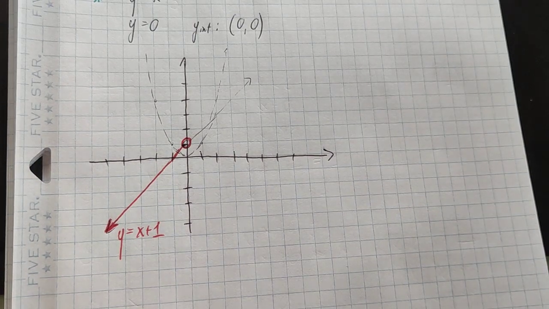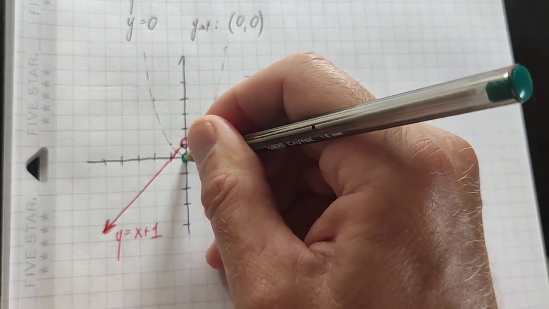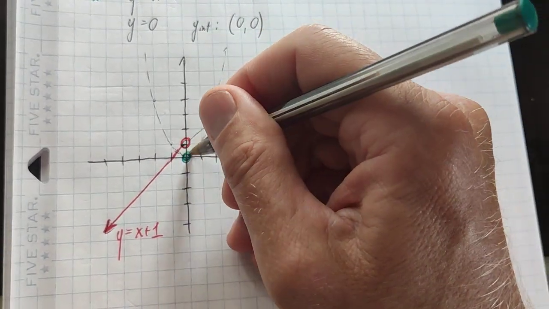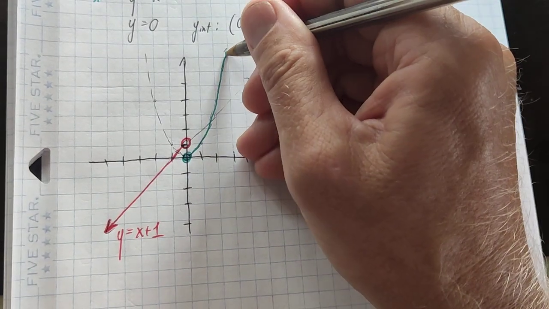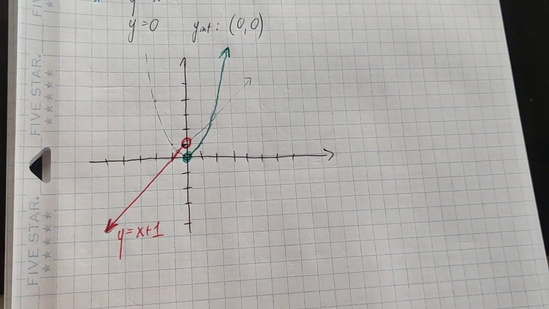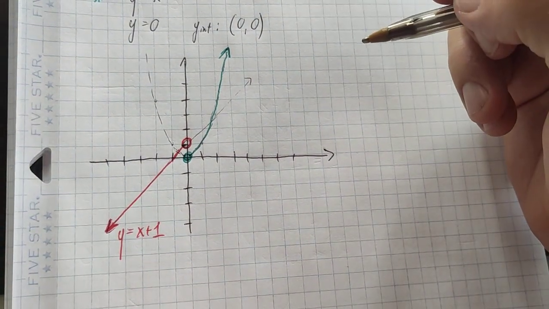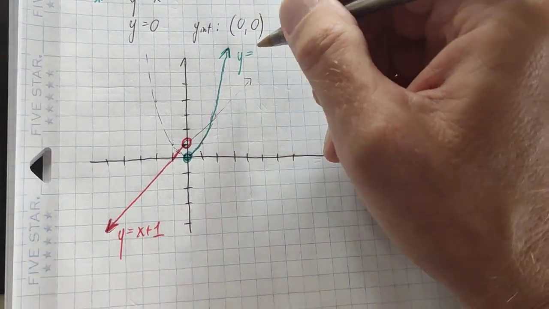Okay, and then the second one, the green one, actually starts here. So it's defined for x equals 0, and then goes this way. Okay, so this is the second function, y equals x squared.